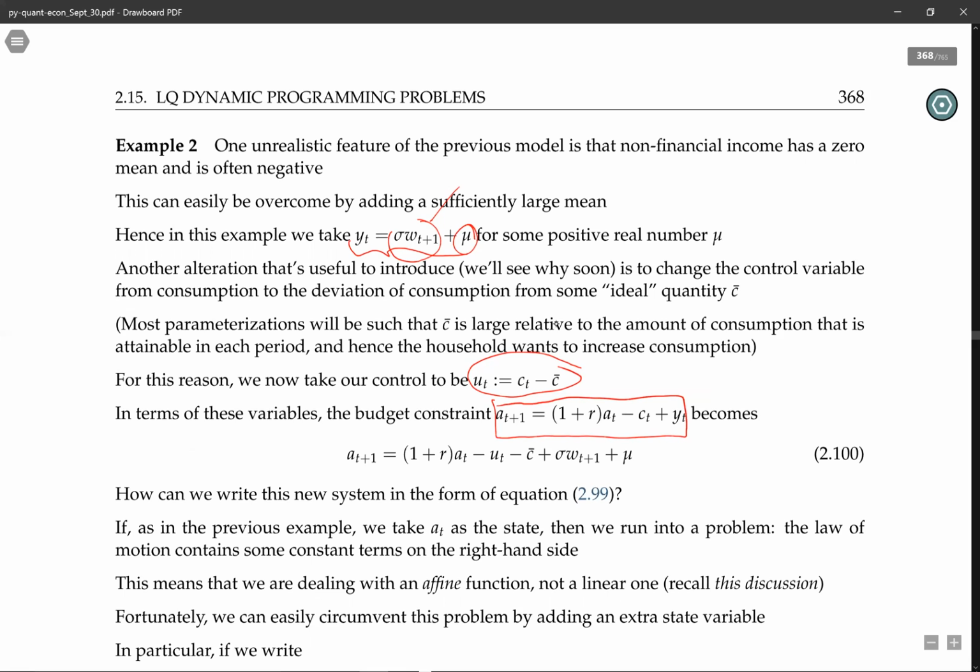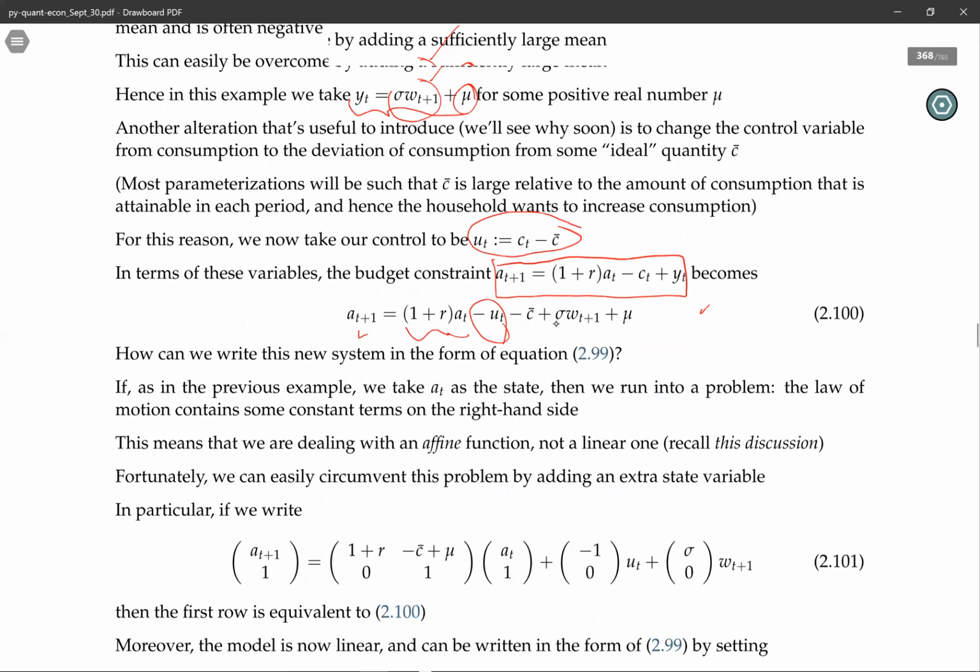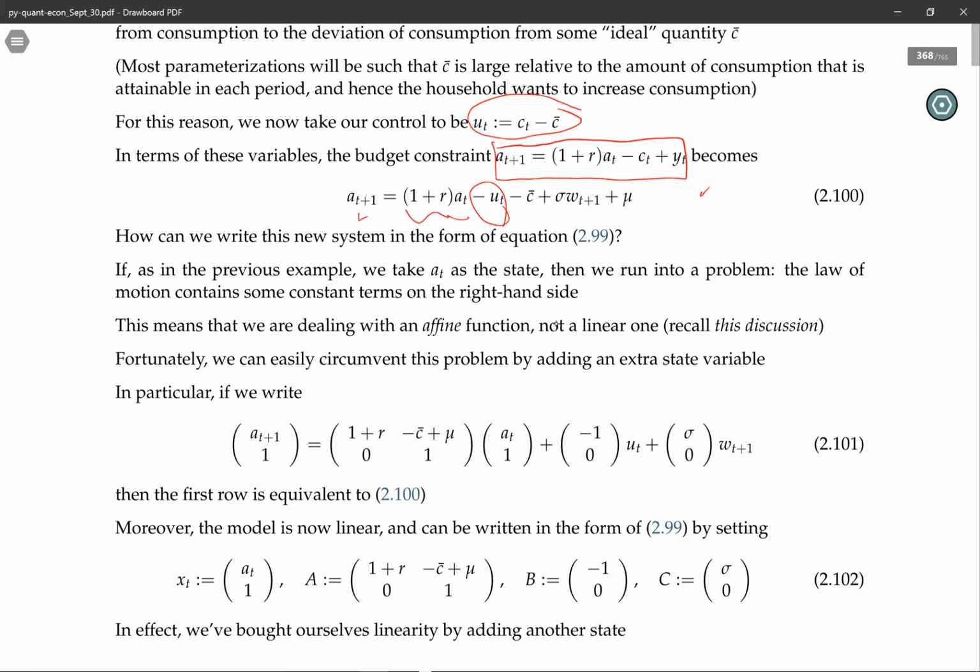I'm just going to add and subtract c bar, basically. So my law of motion becomes this. There's my ut, because it's c bar plus u. So take a look at that. Now I'm going to notice the following. If I transform that, again defining the state as an art for this consumer, I'm going to define the state. Here's my state, xt. It's going to consist of assets and the constant 1. My control is this ut.